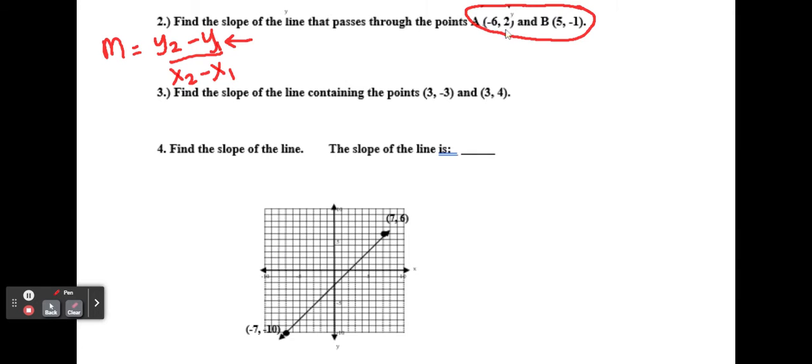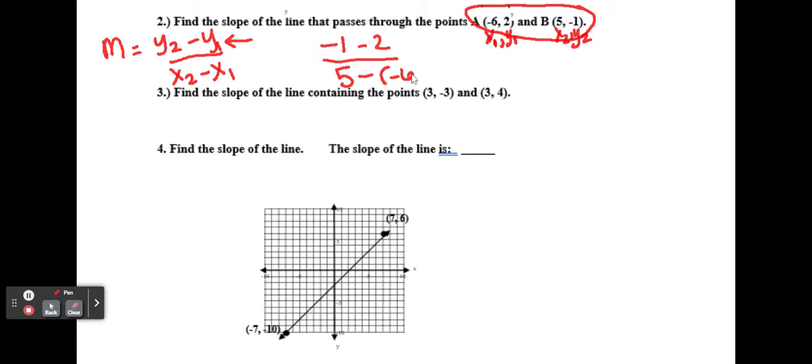Okay, so y sub 2 is just this one, right? Because this is x sub 2, and this is x sub 1, and this is y sub 1. Those subs are just to differentiate this point from this point. All right, so I'm going to do y sub 2, which is negative 1, minus 2, over 5 minus, what's the x?